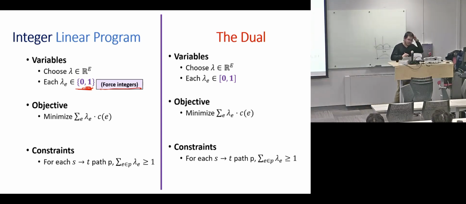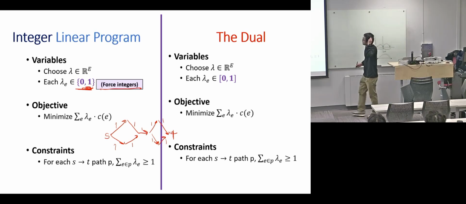So let's see the example, right? Let's say that the graph is like this, S and T, and let's say the capacity is all 1.